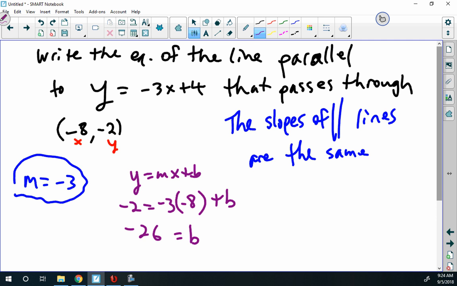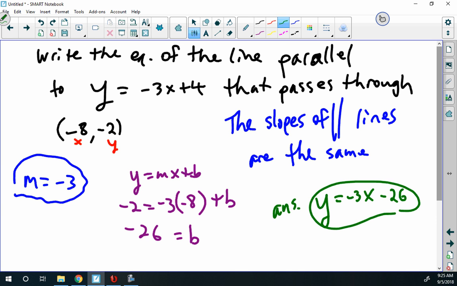Did I skip too many steps? So what's our answer then? Our answer would be y equals how many x? Negative 3x, and then what? Minus 26. And there it is.